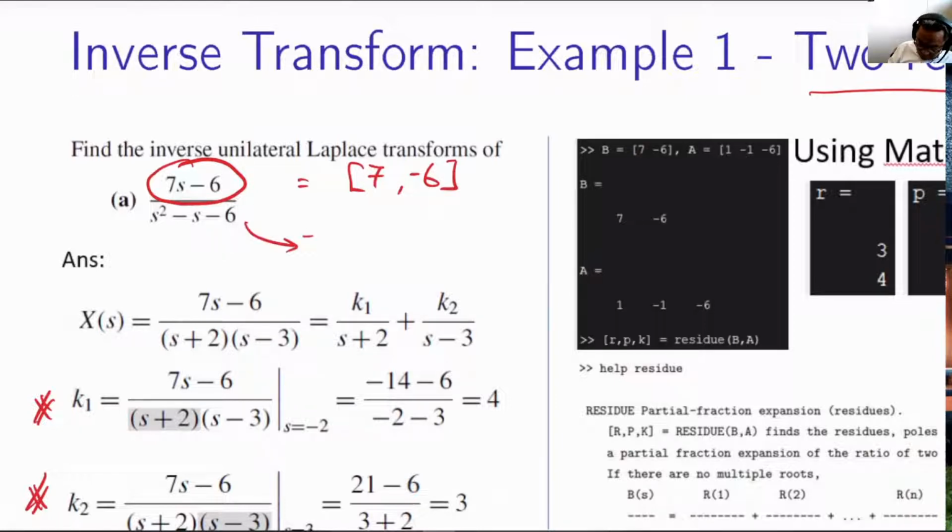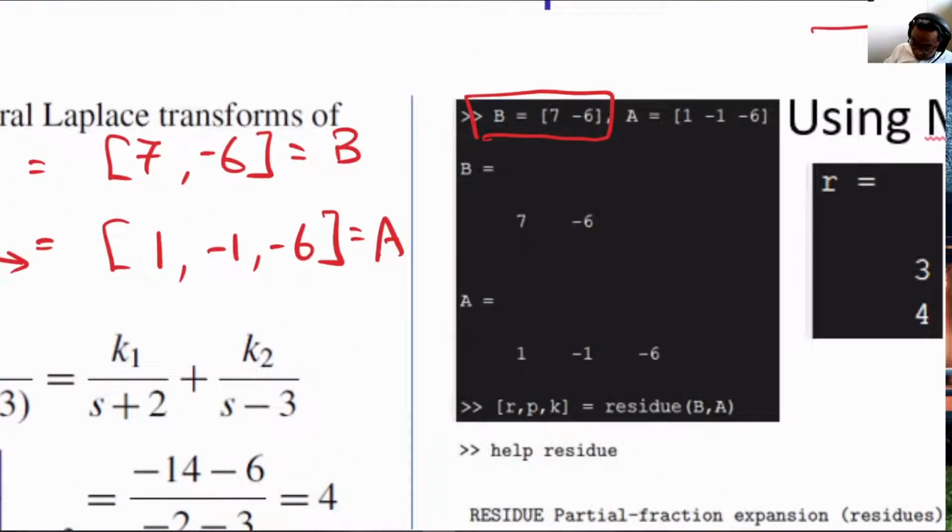And the other one is 1, minus 1, minus 6. We typically call this B and this A. So B is 7 and minus 6, and A is 1, minus 1, and minus 6.